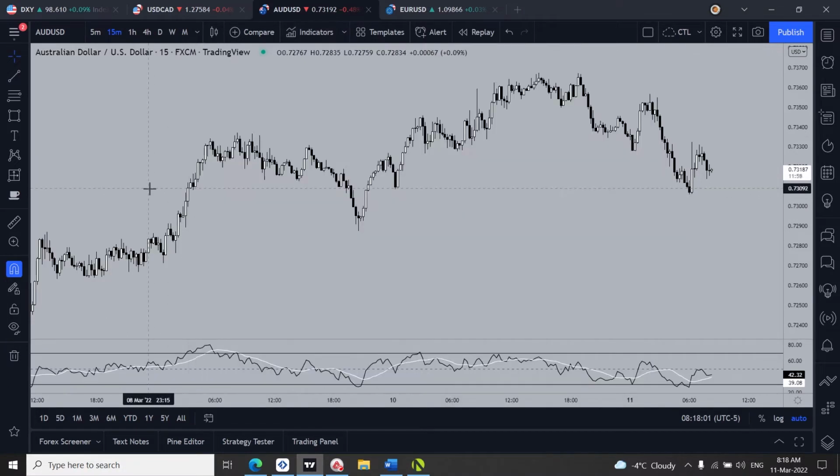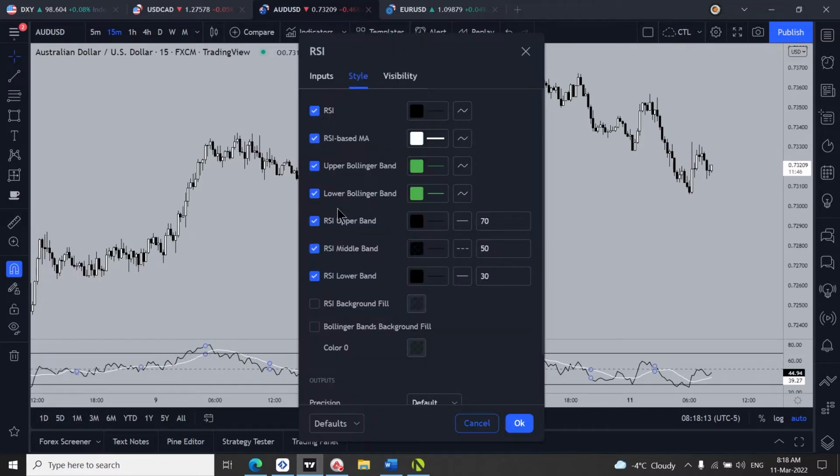And then once you have it on your chart, there's a few things that you can do to play around with it. So they've recently just updated it. As you can see now, there's two lines. There used to only be the one line. And I'll show you what those are. So your first line is going to be the RSI, this black line that you see toggling on and off here. All right.